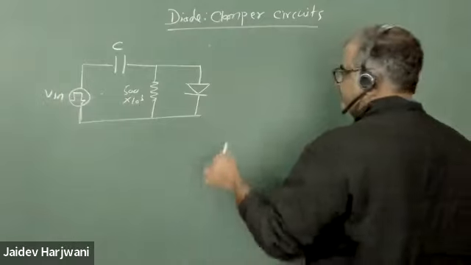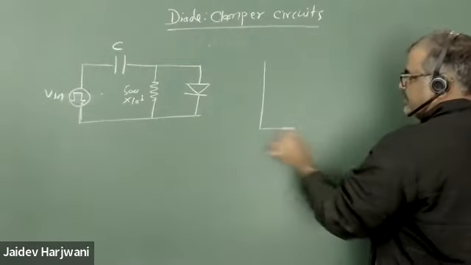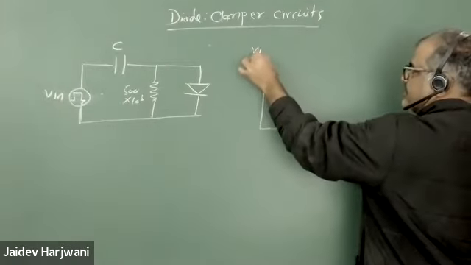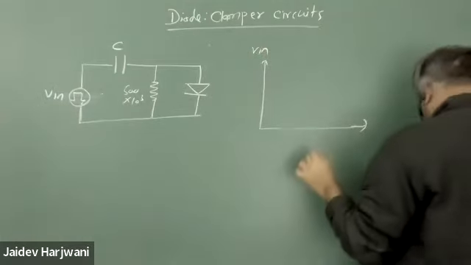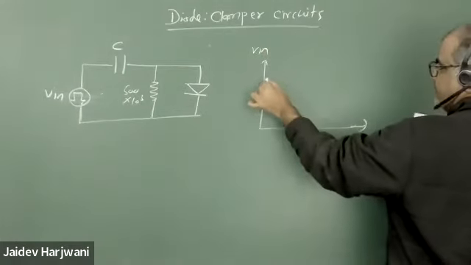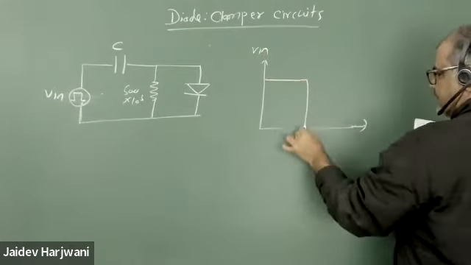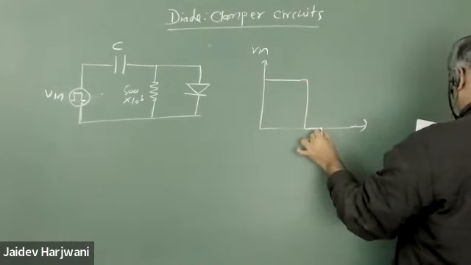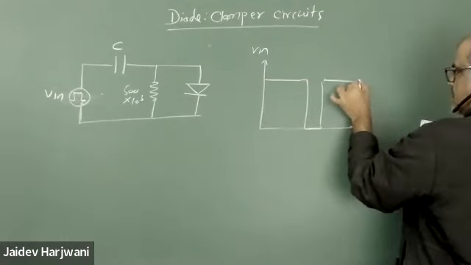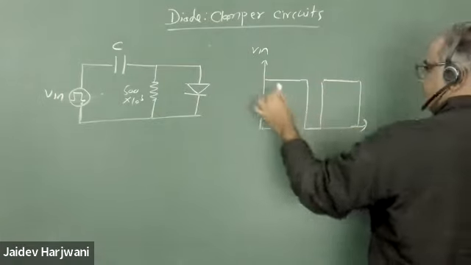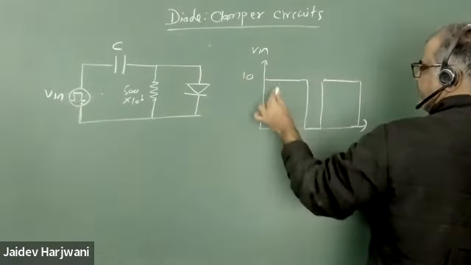So for example, this is my V input, which is a square pulse of 10 volt magnitude.